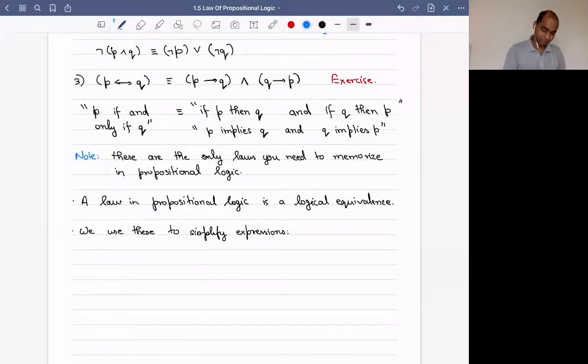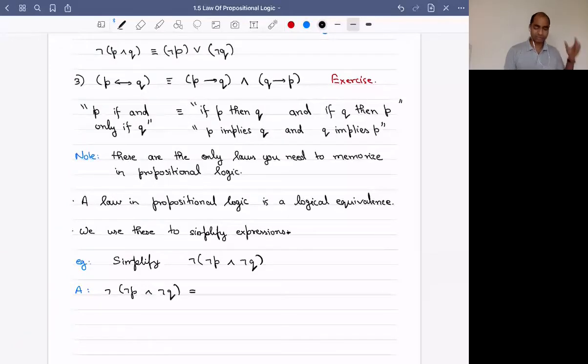And let's do an example. Let's say simplify not of not P and not Q. Solution, I can start with not of not P and not Q. Now it is not of something and something, so I can use De Morgan's law to push the not inside.